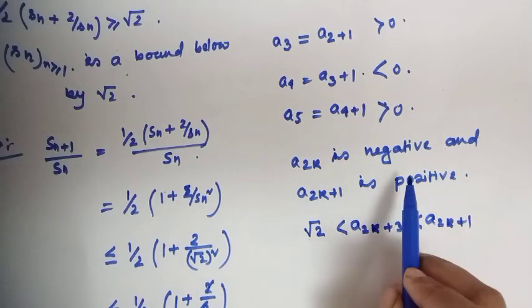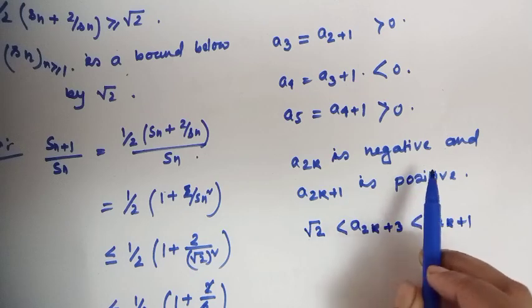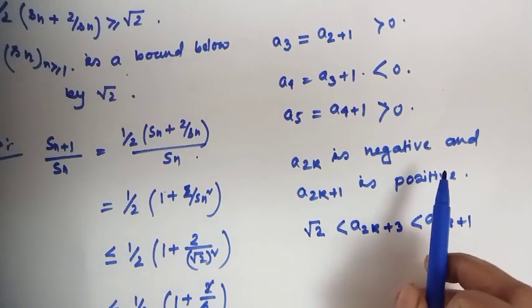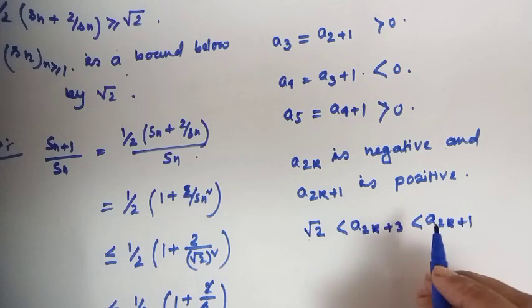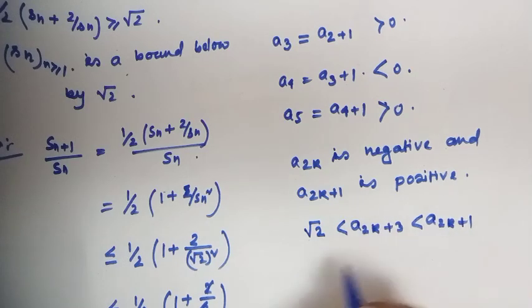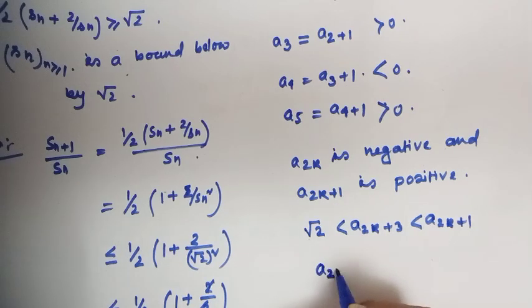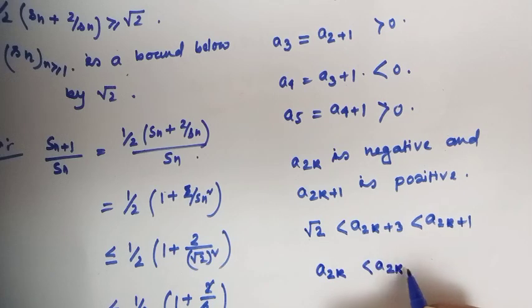And since this is negative, if we check, this sequence will be a monotone increasing sequence, and this check is very easy. Let's check why this is monotone increasing: a_{2k} is less than a_{2k+2}.